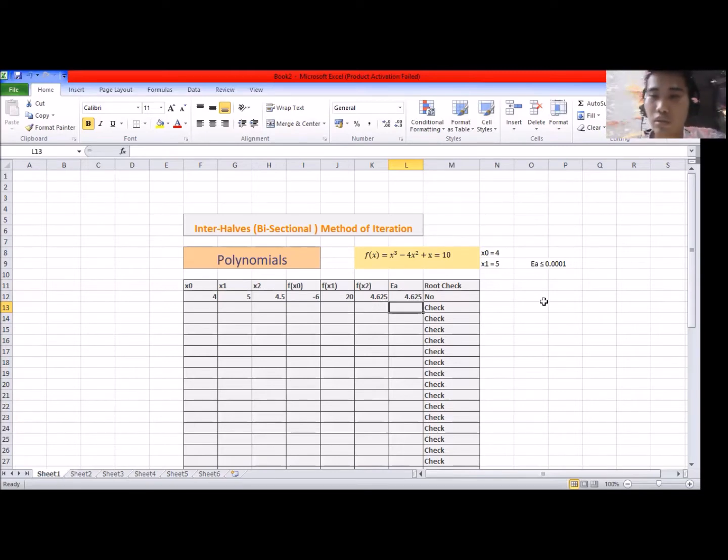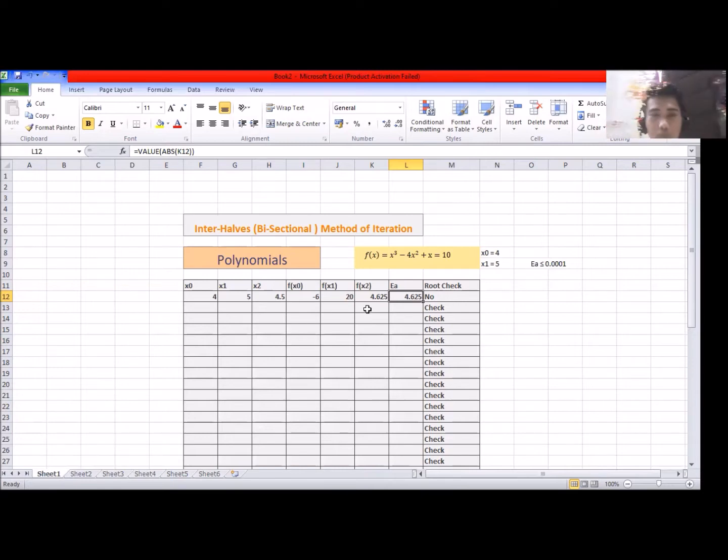So in the root check, we need to check if it's true: if the estimated root is less than or equal to 0.0001. Now we have x2, the new root.